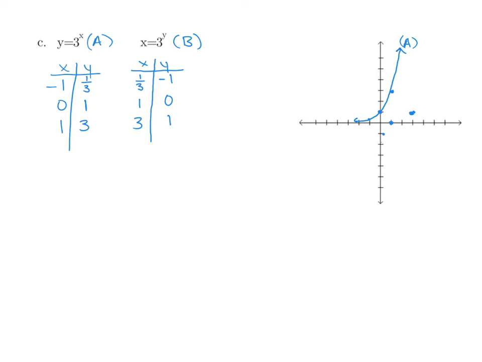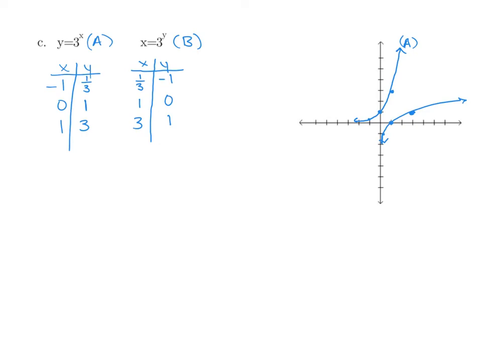Now, just like on our original graph, we get close to the x-axis. This one, we're going to get close to the y-axis, and then increase. Again, because x's and y's switch. So for the first one, we get close to the x-axis. For the second one, we switch our variable. We get close to the y-axis.